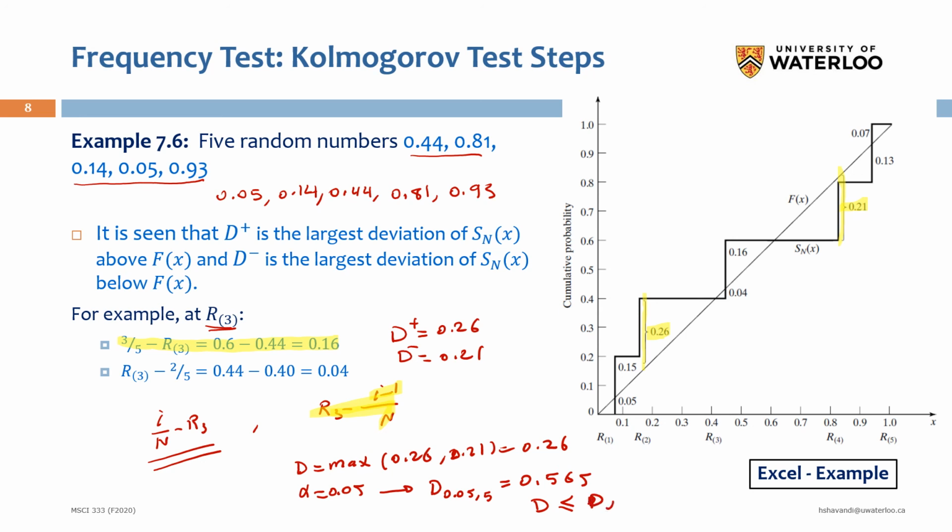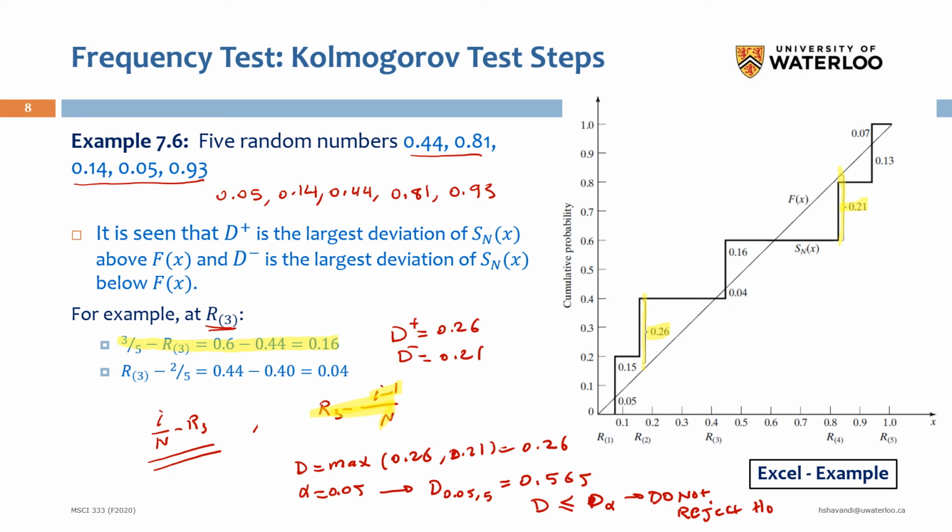Therefore, our conclusion is to not reject H0. This means we can't reject H0, so we can say there is somehow uniformity between the generated random numbers. So we can say they are somehow from a uniform distribution between 0 and 1.